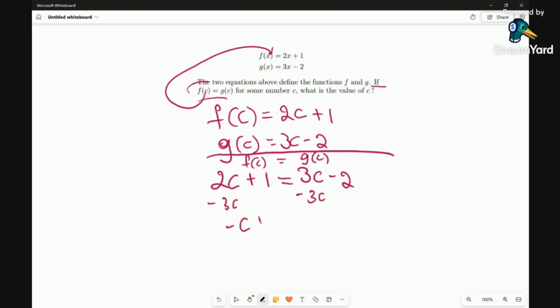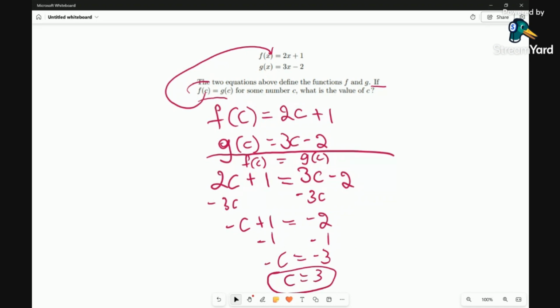So we have negative c plus 1 is equal to negative 2, and then we subtract 1 from both sides. So negative c is equal to negative 3, and if you divide both sides by negative 1, c is equal to 3.